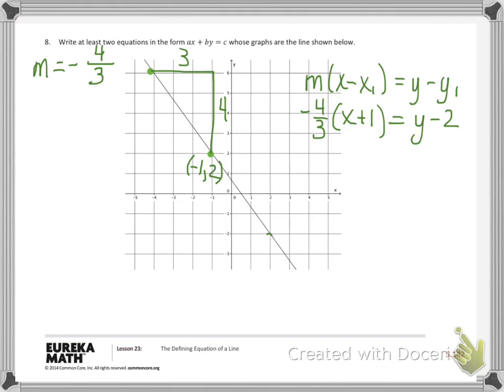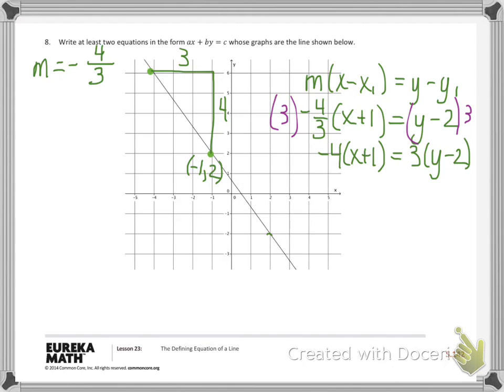So I think I'm going to multiply through by 3 now on both sides to get rid of that fraction. So I'm going to multiply both sides by 3, and the result will be I've got -4 times x plus 1 is equal to 3 times y minus 2.